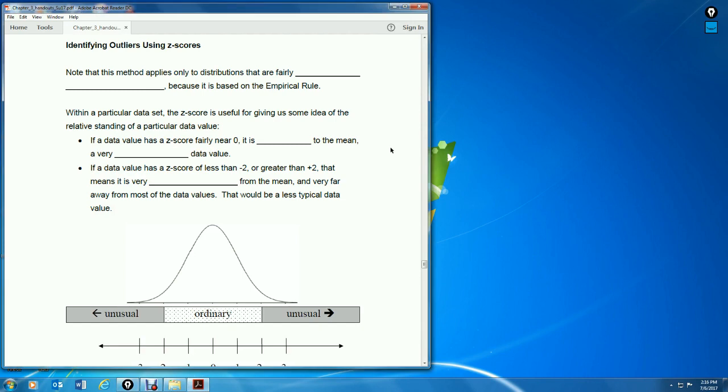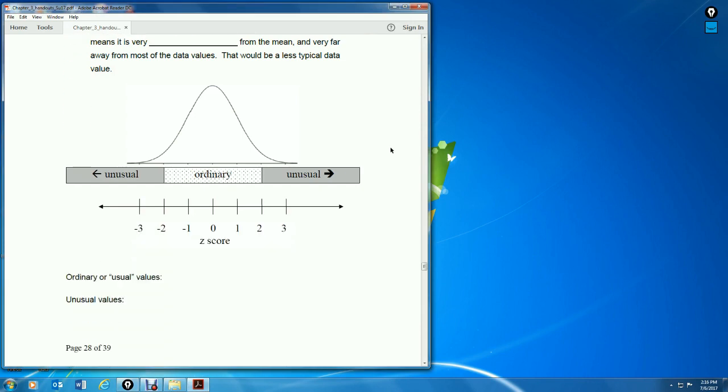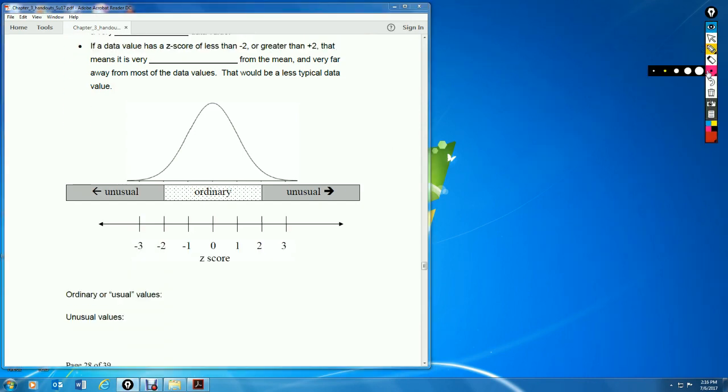Just scooch down a little. So here's kind of just a scale of z-scores. So 0, again, is just right in the middle. That's where the mean is, right in the middle of the bell-shaped curve. That is very ordinary. That's where we expect the data to be.